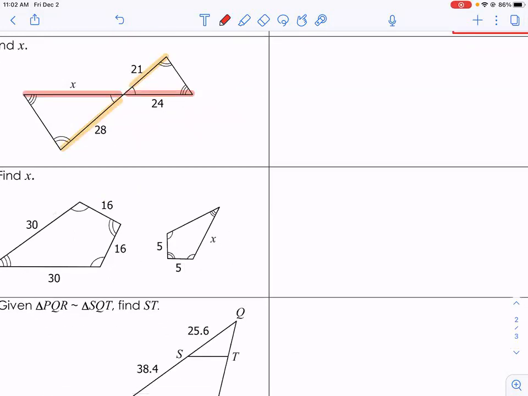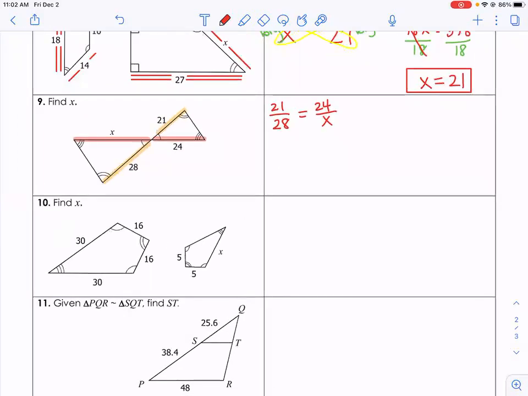All right, Harper, how did you set up your proportion? Raise your hand if this is how you set up your proportion. Ariana, you said no. How did you set up your proportion?